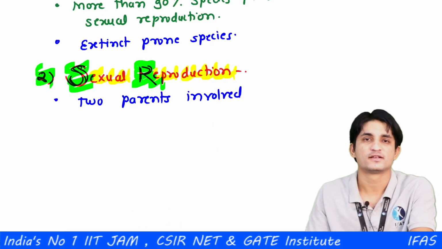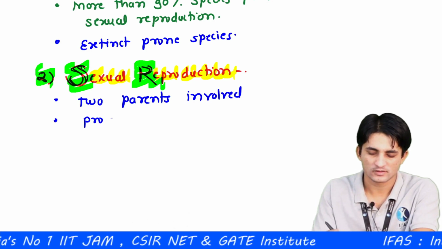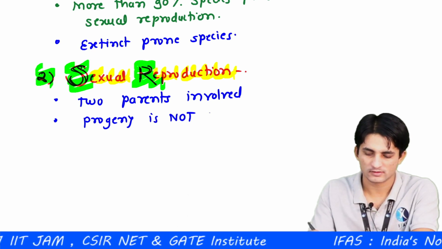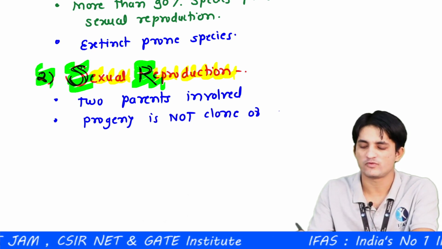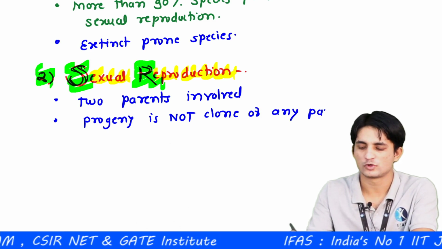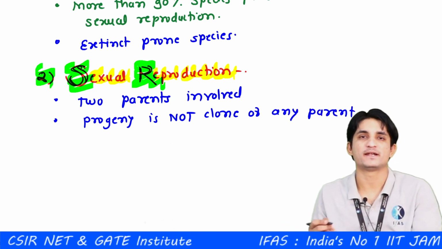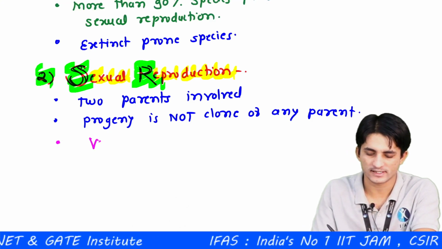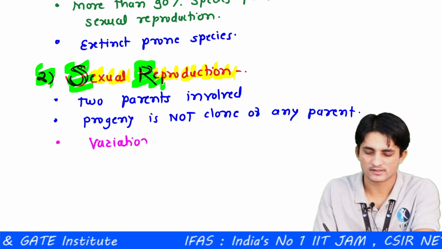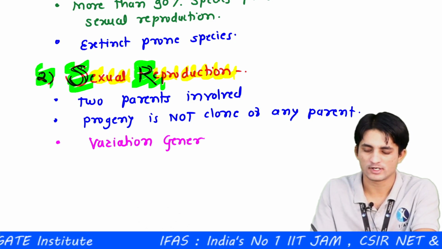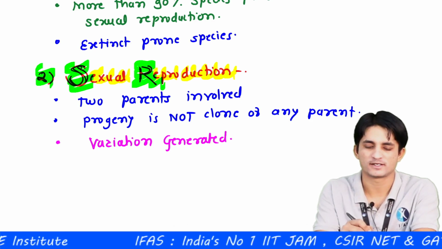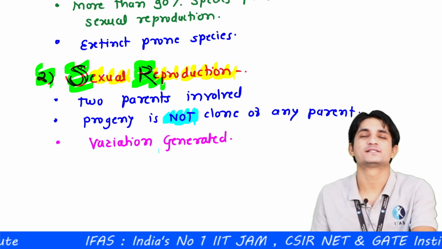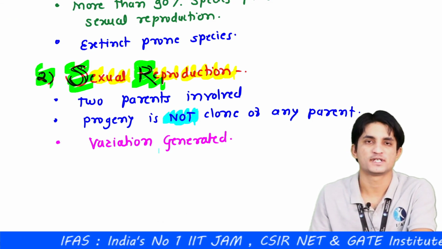Then the progeny is not a clone of any parent, because here there is variation generated. So variation is generated, and therefore it is not possible that any progeny is identical or a clone of the parent because variation is generated.